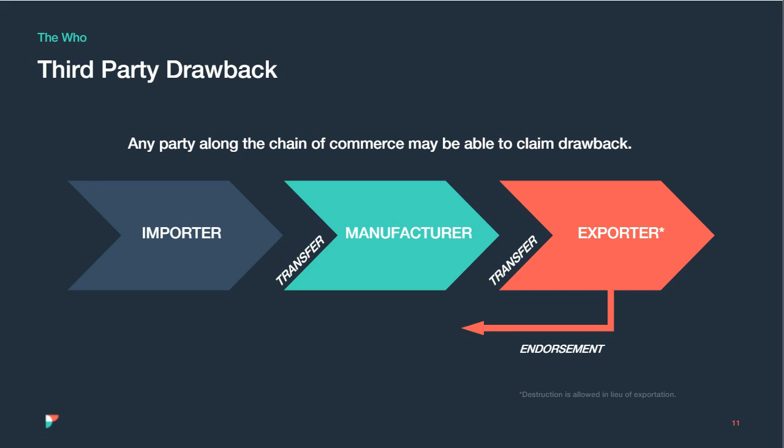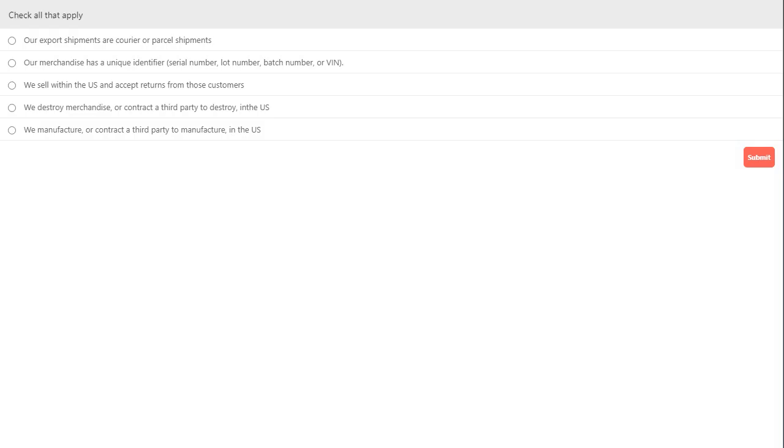The importer might be the manufacturer and the exporter. Other times, the importer might sell to a manufacturer who might sell to an exporter, or any combination of those things. And there are opportunities for us to claim drawback across different companies or entities, as long as there is a chain of commerce between the companies.